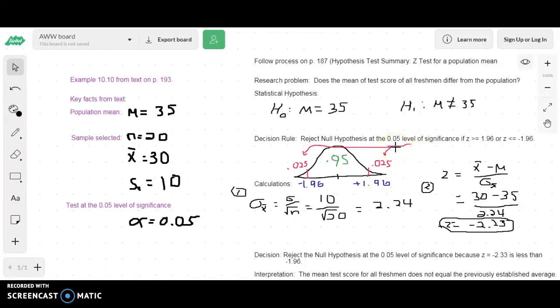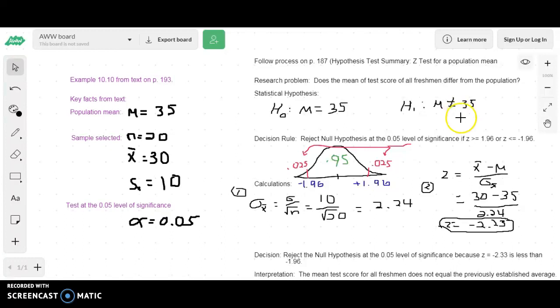So this 5% chance, or 0.05, has to be split into 2 equal parts, one in one tail and one in the other. This is due to the fact that our alternative hypothesis says the mean is not equal to 35. It's not asking whether it's greater than or less than. It's open to the possibility of either.